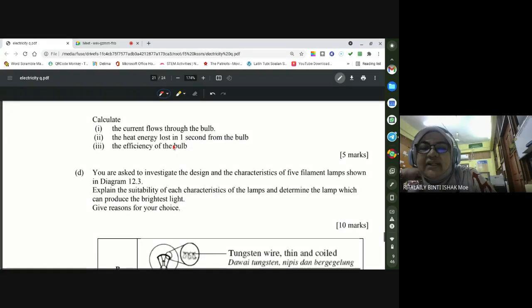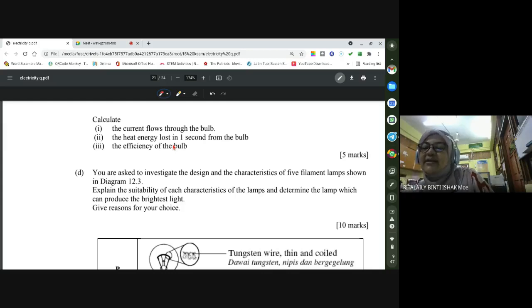And we already calculated the heat energy loss in 1 second is 1 joule. So the power loss would be 1 watt.